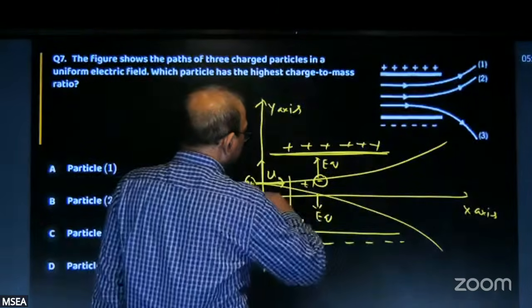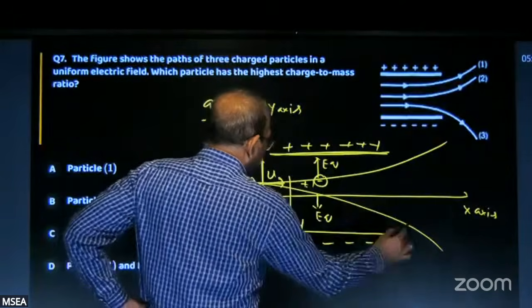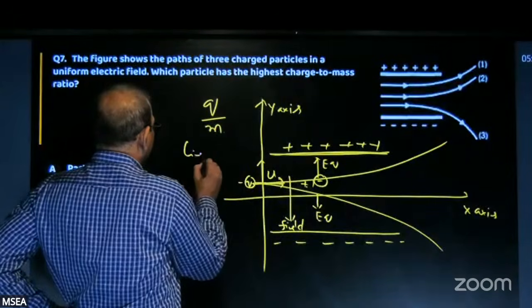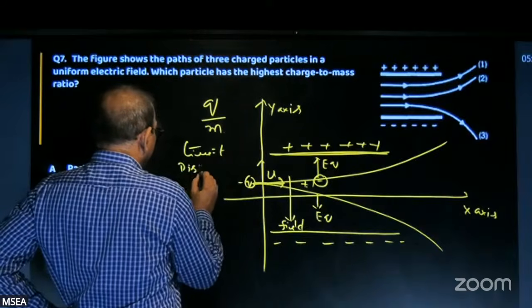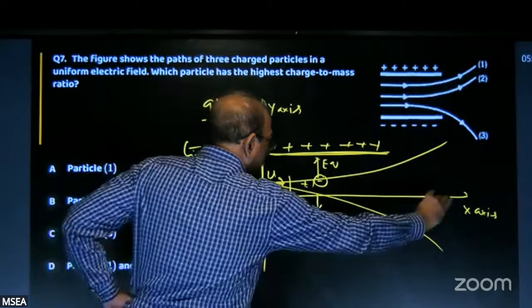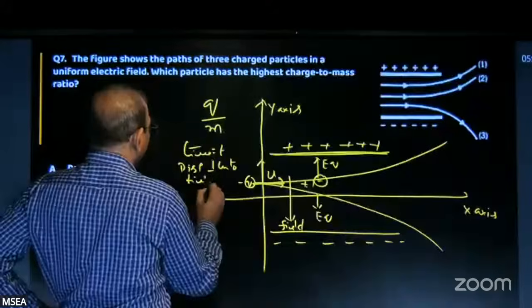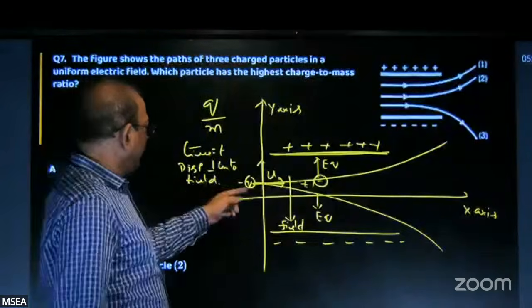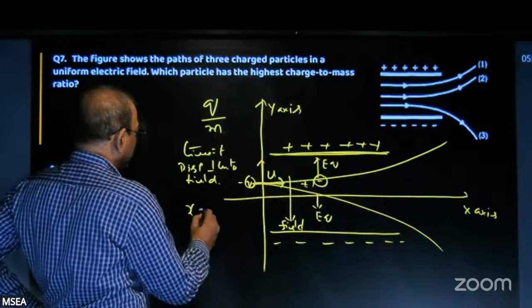Due to this force, it has to deviate. So what you have to do is, you find in a particular time t, what is the displacement perpendicular to the field. Displacement perpendicular to the field means displacement along x-axis.